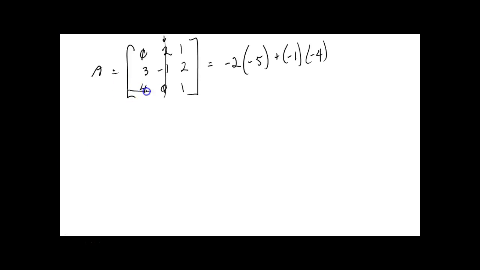Then let's get to the third one, and this is really going to be obnoxiously anal retentive here. Wipe out that, and what's the sign of that position? Negative. But the number there is a 0, right? So who cares? And what's your determinant? A negative 3. Okay, what do we have here? Negative 2 times negative 5 is 10.